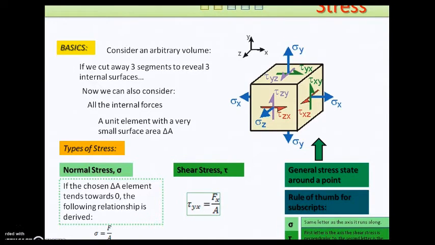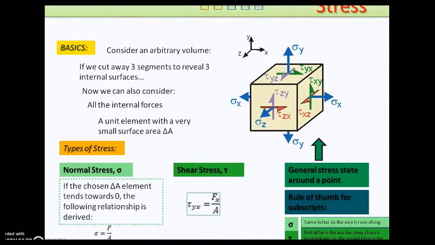For normal stress, the subscript is simply the same letter as the axis along which the normal stress runs along. So with this one, where the cursor is pointing, the normal stress runs along the z-axis, so the subscript is just z.